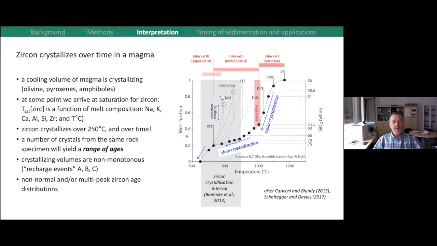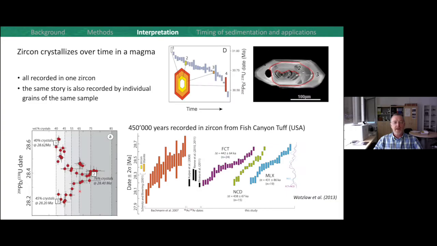So our zircon age distributions will be definitely non-normal and will also very likely be multi-peak. So we have to be aware of this, because we also will find this in our ash beds.